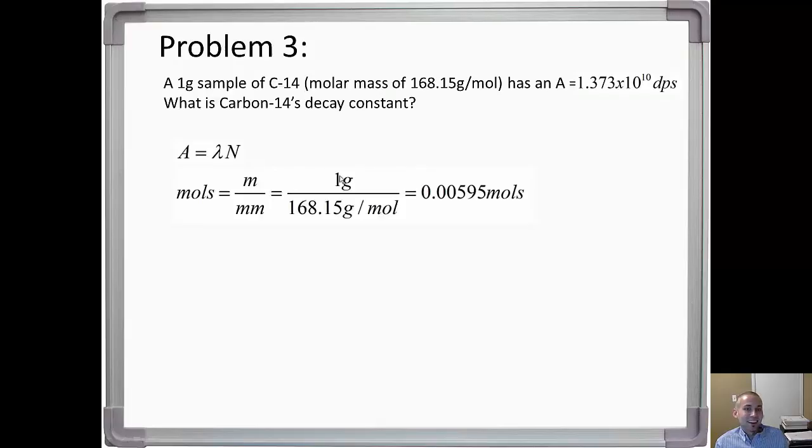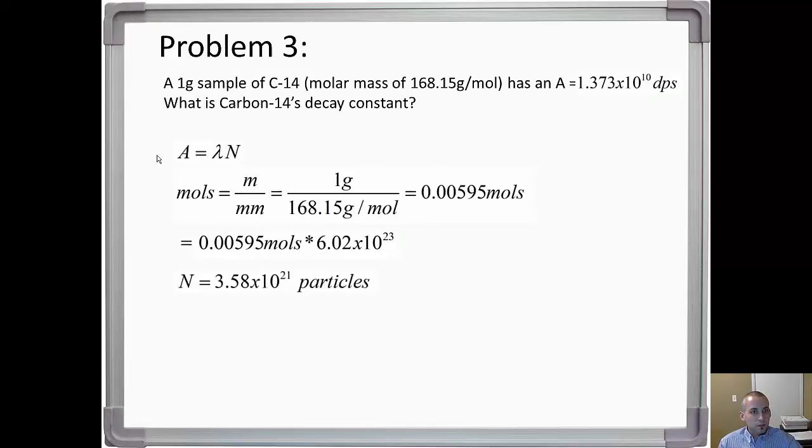So with a 1 gram sample and 168.15 molar mass, we get our number of moles. Now, to get the number of particles, we have to multiply by Avogadro's number, which is 6.02 times 10 to the 23. And we get our number of particles.